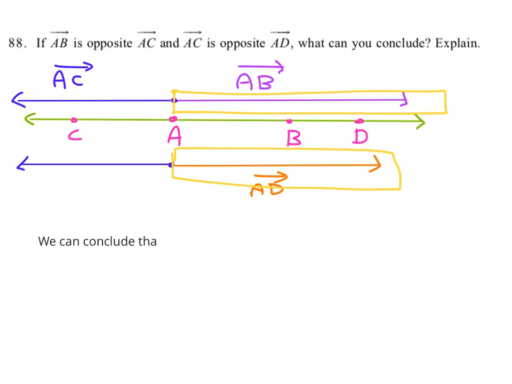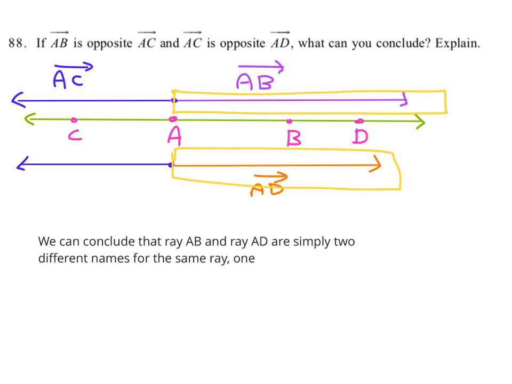Okay, we can conclude that ray AB and ray AD are simply two different names for the same ray.